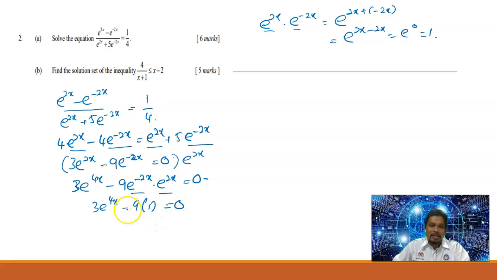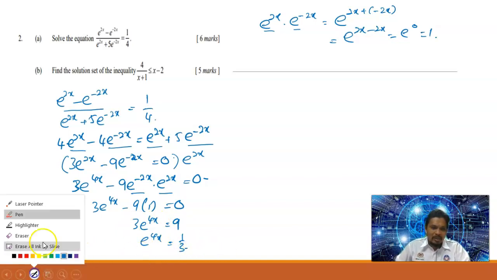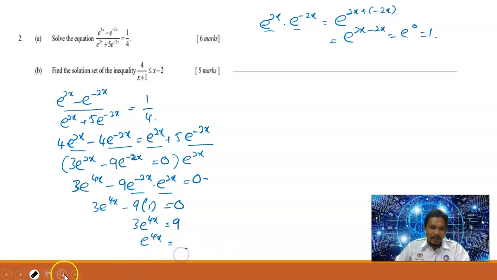So it is negative 9 here. So 3e power of 4x equals 9. e power of 4x equals 9 divided by 3 equals 1 over 3. Oh no, it's 9 divided by 3 equals 3, sorry. So 9 divided by 3 equals 3.